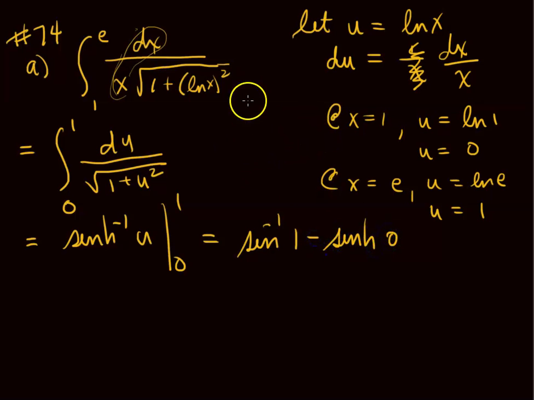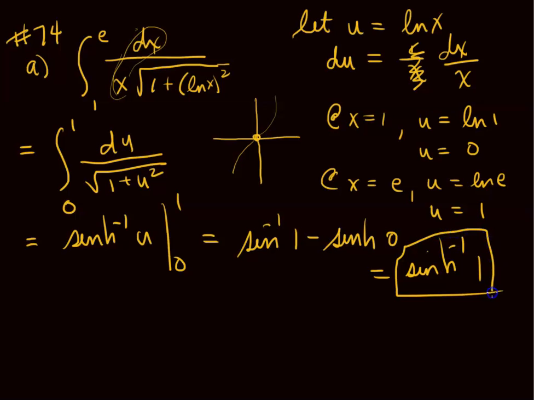Do you remember what that looked like? Inverse sinh of 0 was 0. So this just becomes sinh inverse of 1. Now there's a way of writing this, I guess, with natural logs.